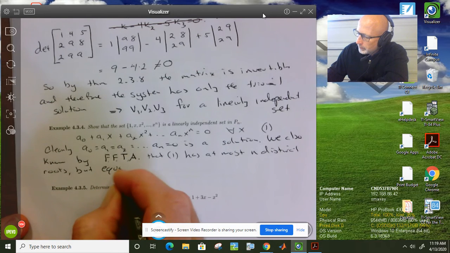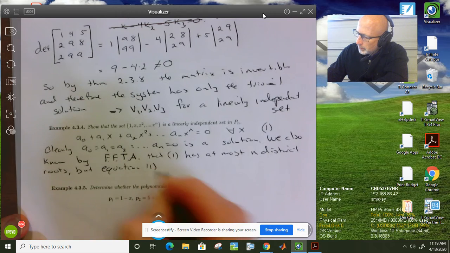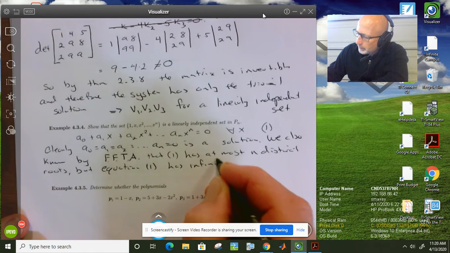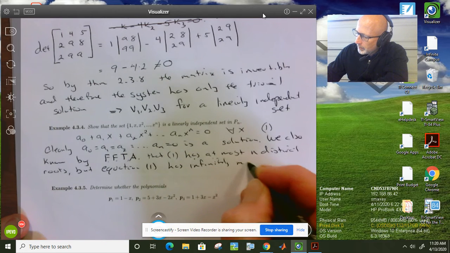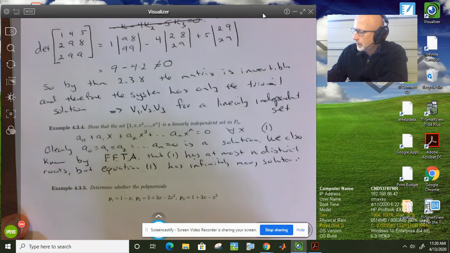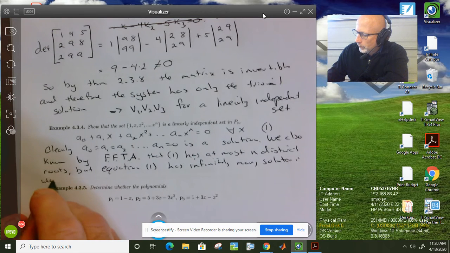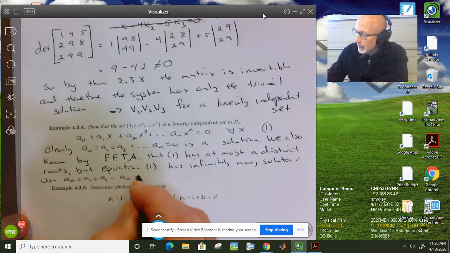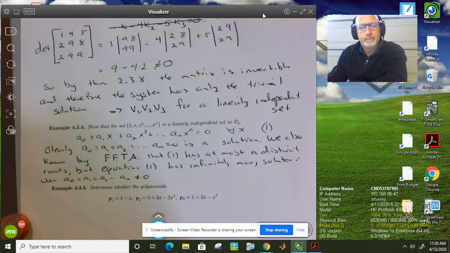Okay, but equation 1 has infinitely many solutions when a0 equals a1 equals a2 and so on all the way up to an does not equal 0.